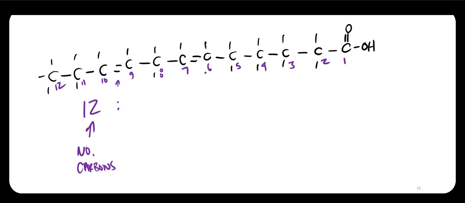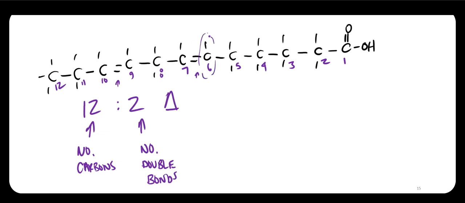So I have 2. Next is going to be my delta. Delta is going to name the carbons that the double bonds are on. So I've got 1 on carbon 6, and I've got 1 on carbon 9. So it's a delta 6, 9.